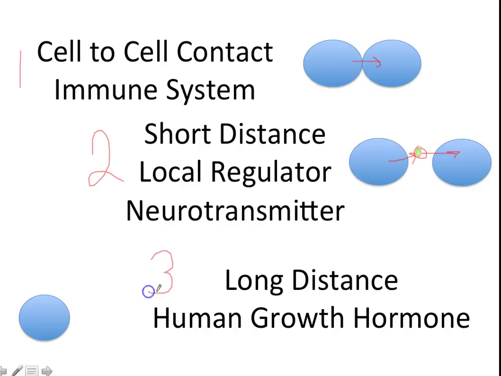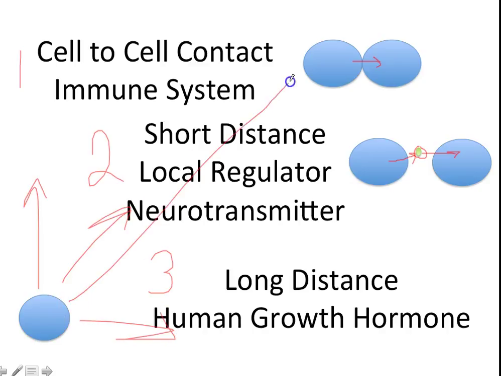Our final way that cells communicate is over a long distance. This cell over here is going to be sending out a signal in every direction for whoever wants it. Not only could the signal travel far all the way up to these cells, it's also sending out multiple signals all at once.